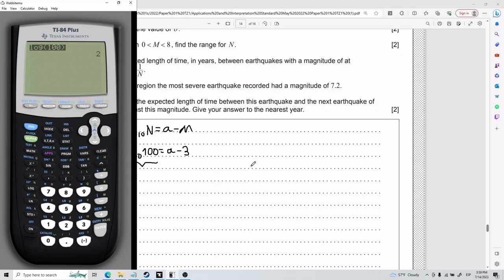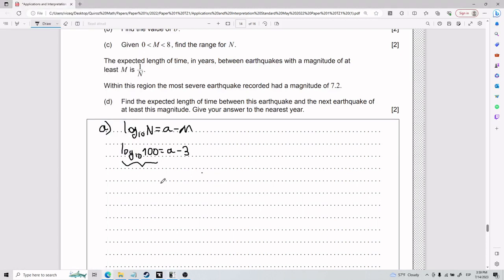That would be the base of the log. I don't want to get too much into logs because this isn't a log problem, it's just part of the equation. See? Plug in log 100. That is your thing on the left. This is 2. 2 equals a minus 3. Get a alone. Add 3 to both sides. a equals 5. Part A is that a equals 5.